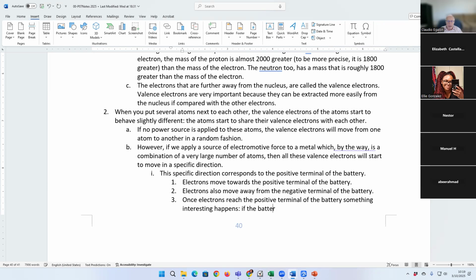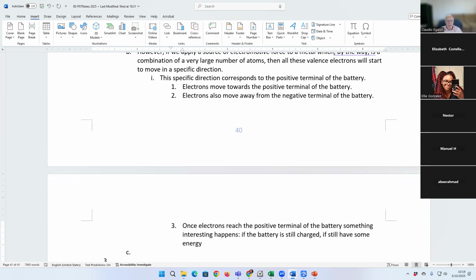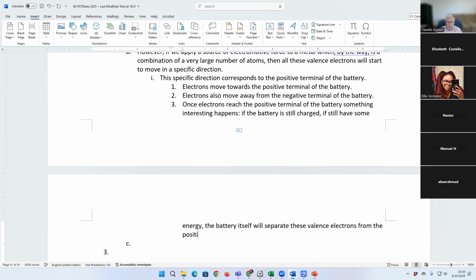If the battery is still charged, in other words, if it still has some energy, the battery itself will separate these valence electrons from its positive terminal.